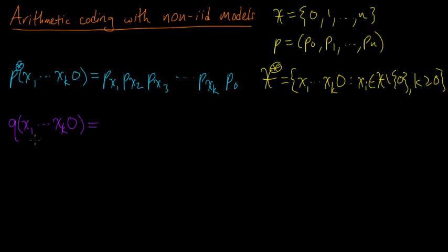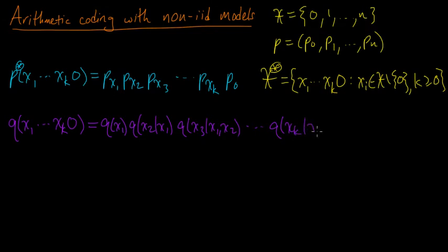Any distribution like this can be factored as the probability of the first symbol, x1, times the probability of the second symbol, x2, given x1, times the probability of x3 given x1 and x2, and so forth, each one dependent on the previous symbols, up to xk given x1 up to xk minus 1. Then we need one more for the termination symbol: the probability that xk plus 1 equals 0, given that all the previous ones were x1 up to xk.